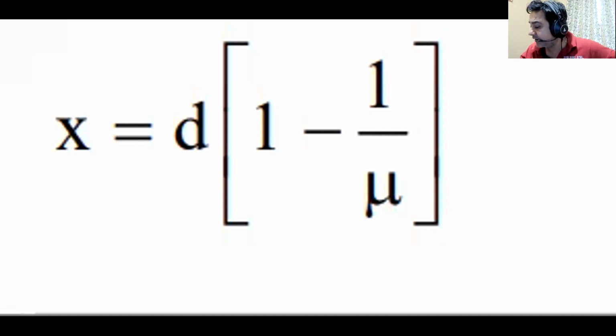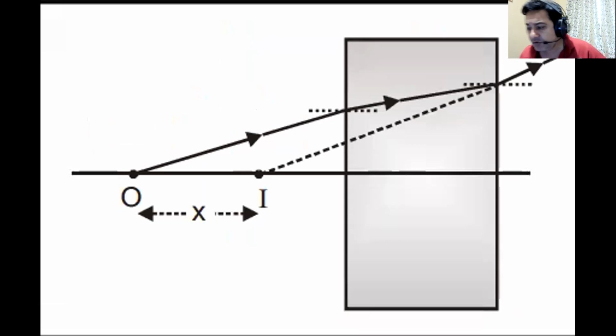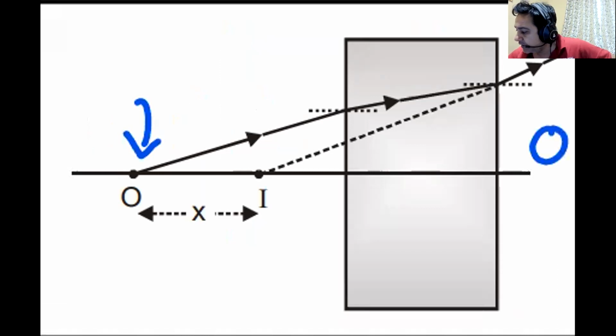I will show you the diagram once again so that you are reminded completely of what I am talking about. This is what I am talking about. The object is here, but when I watch it from the other side, I will see the object here.